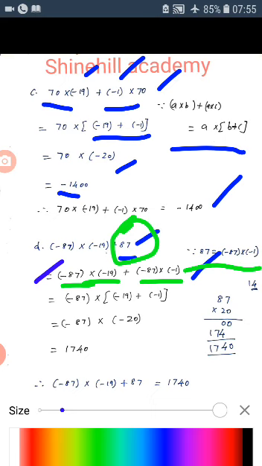So minus 87 is a common number. Another also you take the number minus 19 plus minus 1. The integers are also the same, that is an addition. Minus 19 plus minus 1. So minus 19 minus 1 also minus 20.